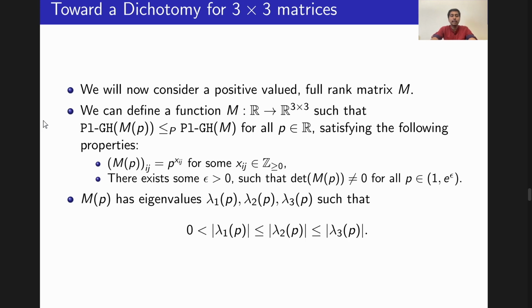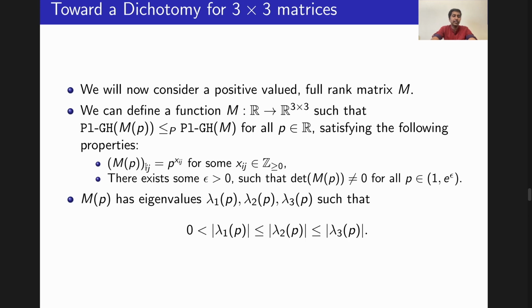Right. Now we can try to come up with a dichotomy for all 3 cross 3 matrices. We will first consider a positive valued full rank matrix M. We can define a function, which is slightly misleadingly also called M, which takes in one real and outputs a 3 cross 3 matrix, such that planar GH of M of P reduces to planar GH of M for all P. Crucially, this function M of P will satisfy these two properties.